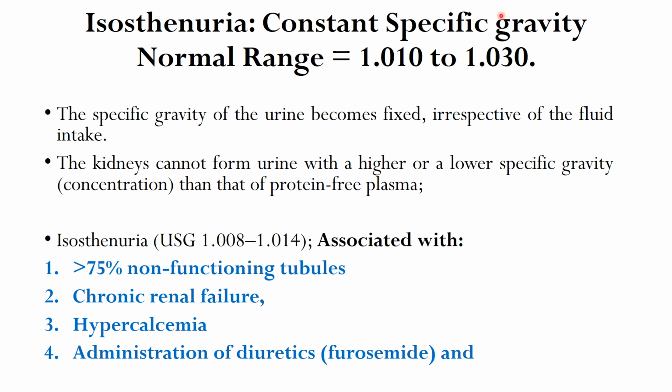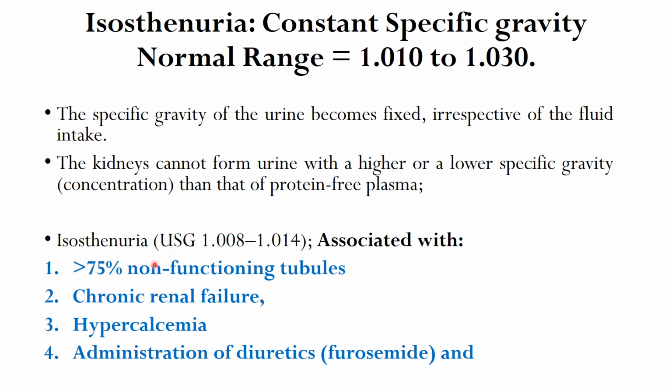Isosthenuria is a constant specific gravity, and the specific gravity of urine becomes fixed irrespective of the fluid intake. The kidneys cannot form urine with higher or lower specific gravity than that of protein-free plasma. So the tubules are unable to reabsorb the water.